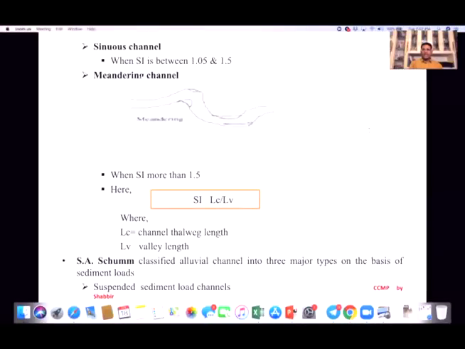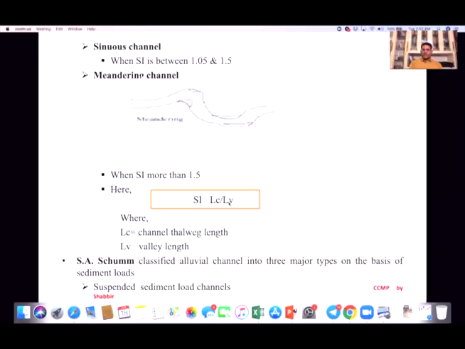I will share it again. Here it is. SI is LC by LV. LC is the channel length, LV is the valley length.